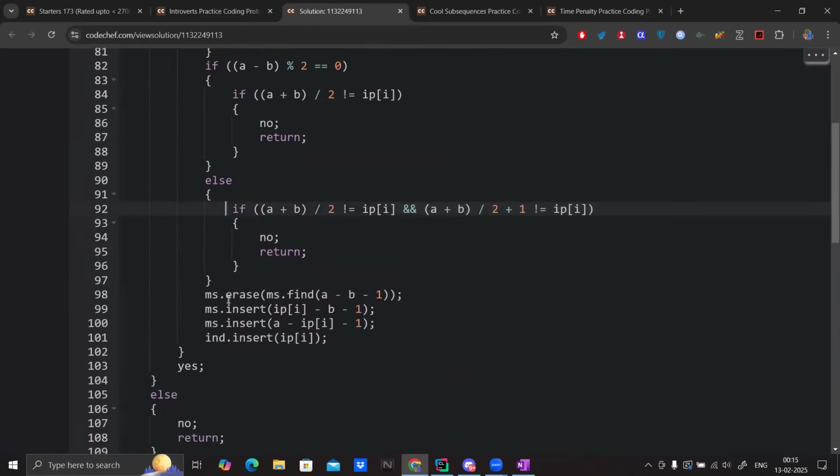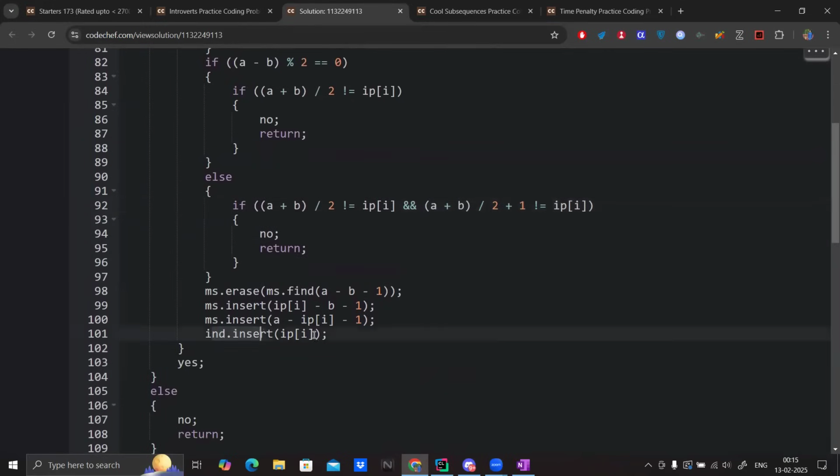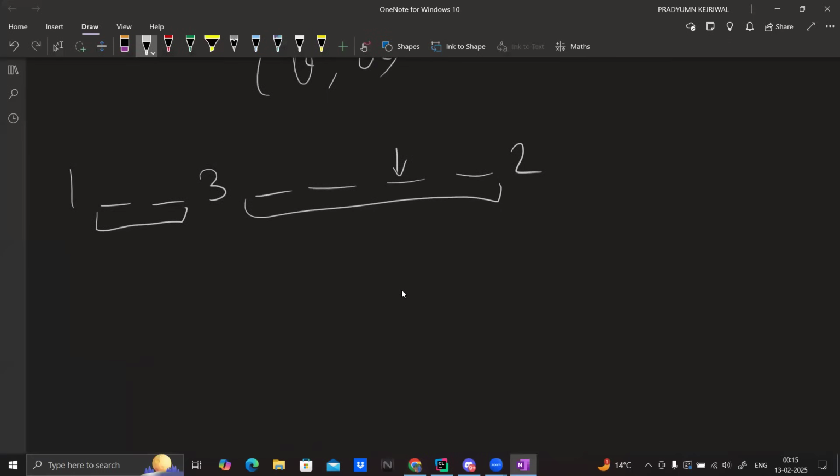And now we insert ip[i] into indices, and we update the lengths. Let's say 4 comes and sits here. Initially this length was 4, but now someone came here, so it got broken into 2 and 1.